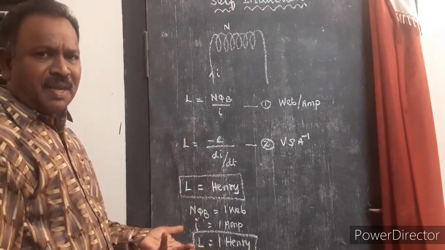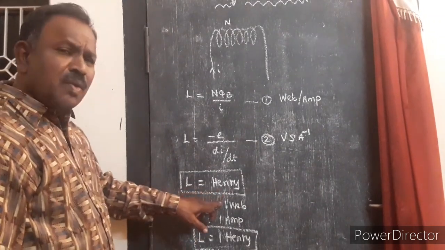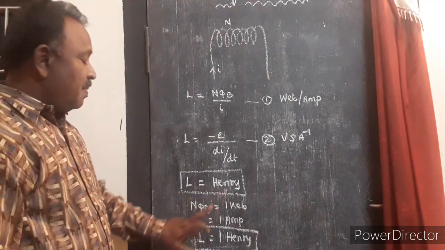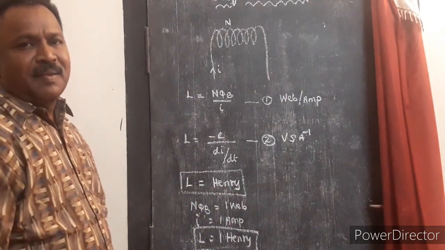Or I can say 1 unit of current produces 1 unit of magnetic flux, then the self-inductance of the coil is said to be 1 Henry.